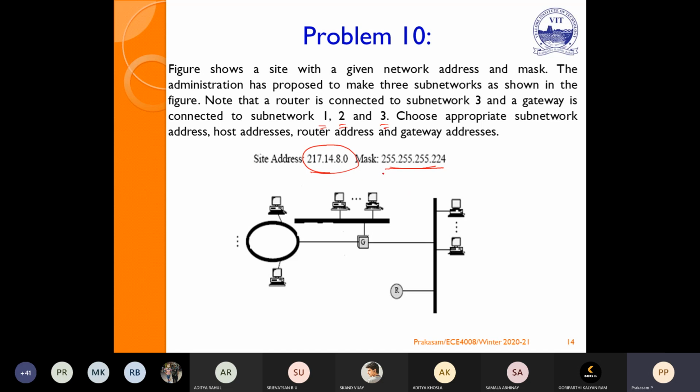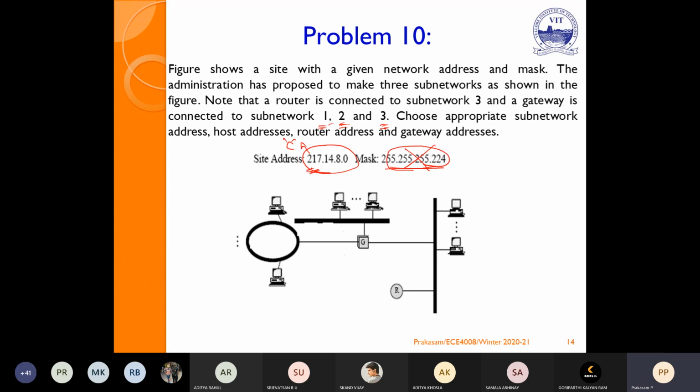For example, suppose we are not giving any mask here. You have to assign 3 subnets. Which class is this?